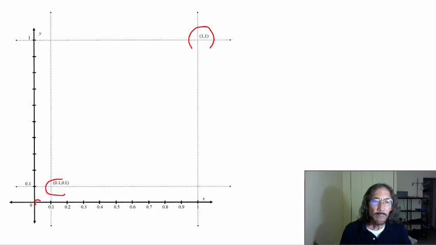Here you have 0.1 to 0.9 and 1. And it continues to go down to 0.1, 0.01, 0.001 for the x and also the y-axis, meeting at the intersect x and y at 0, 0.